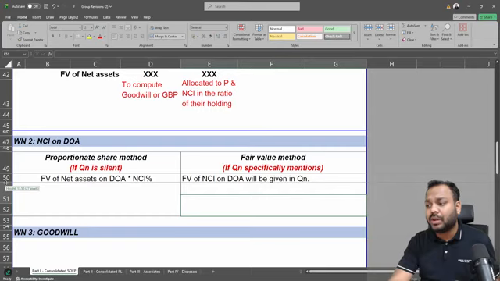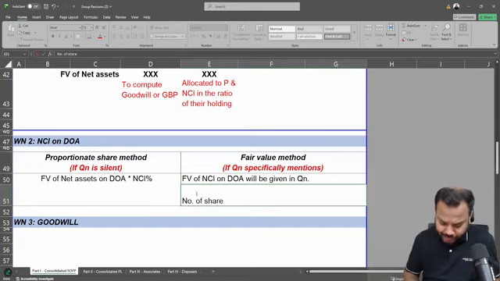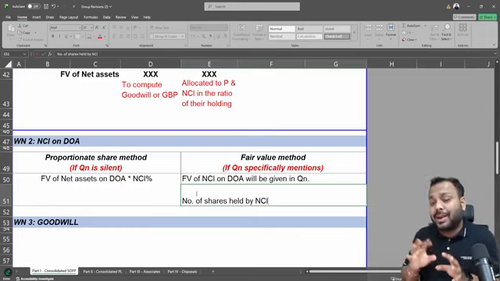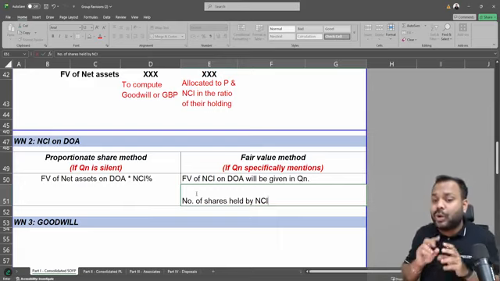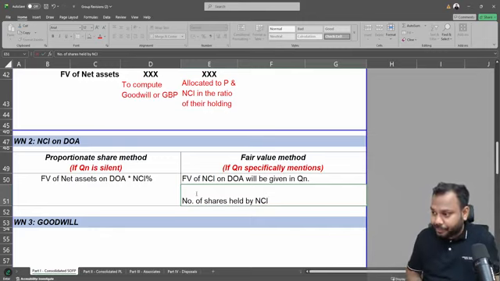Sir, what if not given? Don't worry, I am here. If not given, then see what is the number of shares held by NCI. Let's suppose subsidiary has a total number of shares of 100,000. Parent owns 80%, which means NCI holds 20%, meaning NCI holds 20,000 shares, multiplied by the fair value per share of subsidiary.